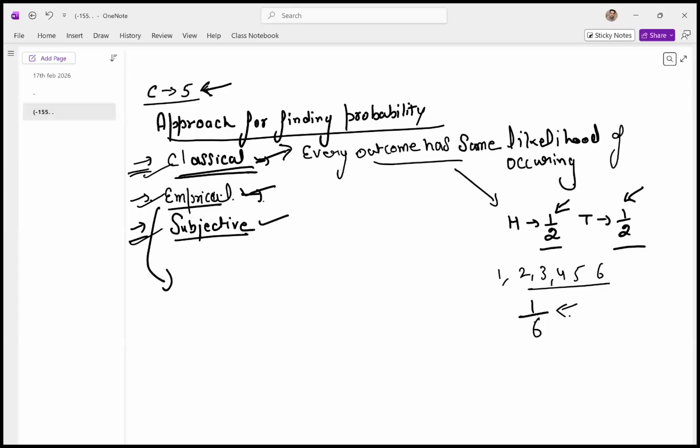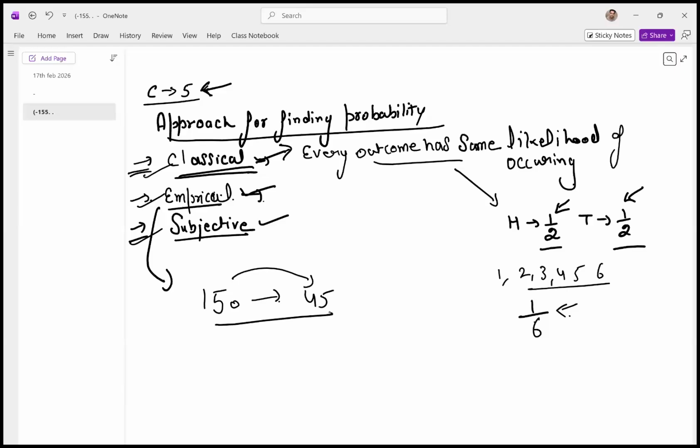Then the second one is the empirical approach. Empirical approach is used based on some previous data. So you had some previous experiments which you conducted, and based on those previous experiments, you can make a probability. For example, let's say you run a call center, and last time when you ran a call center, 150 calls were received, and out of those 150 calls, 45 calls were diverted towards the manager.